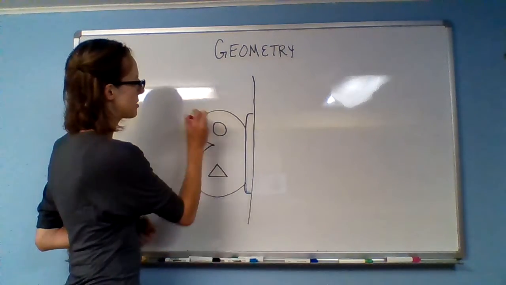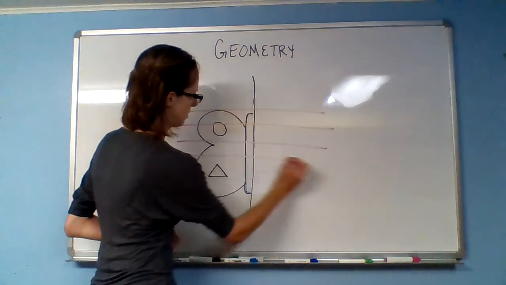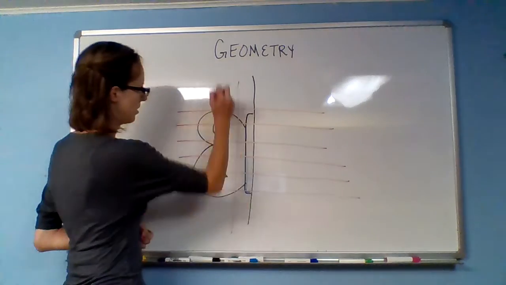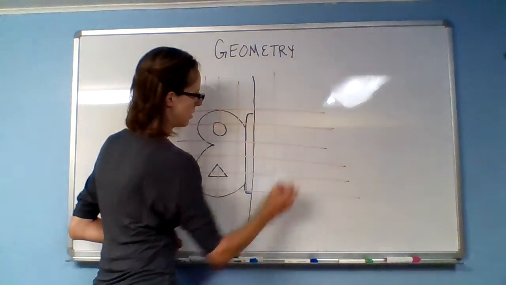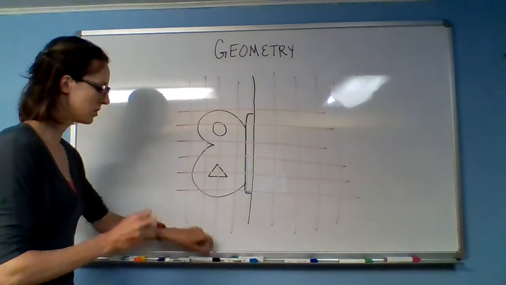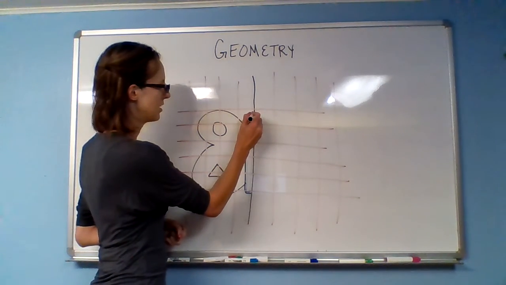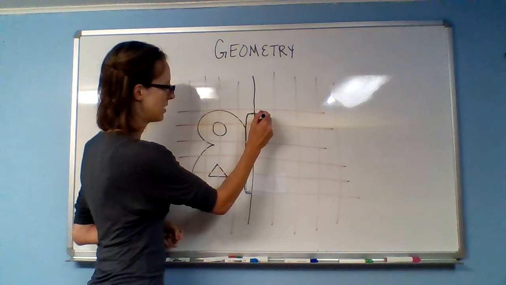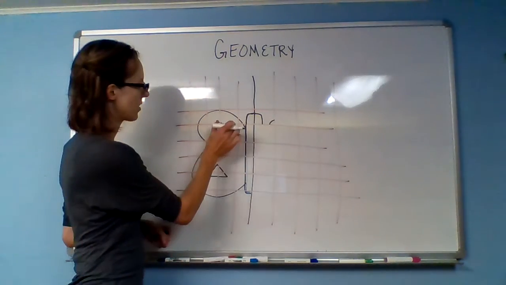Now, because you have grid paper, what you should be able to do is take one square at a time and think, okay, if this is the shape in this square, if I flip it across that line, it would look like that. And then I go to the next square.